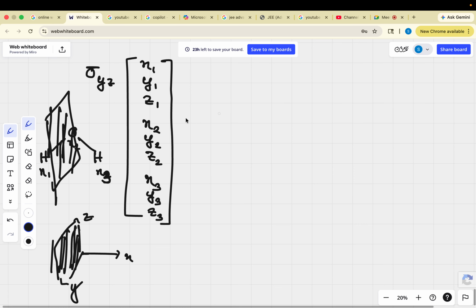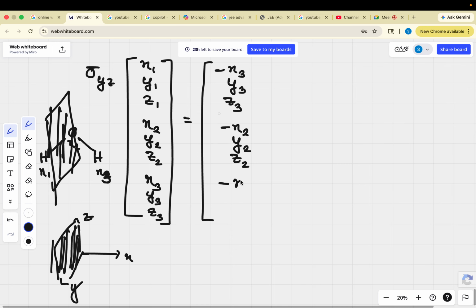So again you have to write down here that sigma yz, it will be what? Minus x3, then y3 z3. Now see, x2 is not changing its position, oxygen is not changing its position, so you just write down minus x2, then y2 z2, and at last you will get minus x1 y1 z1.